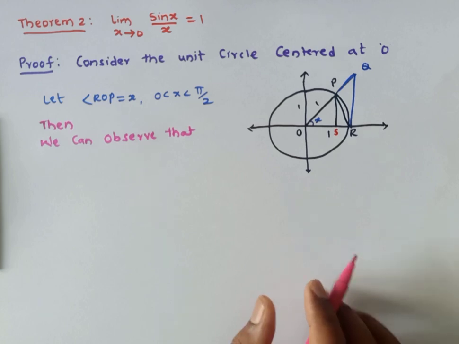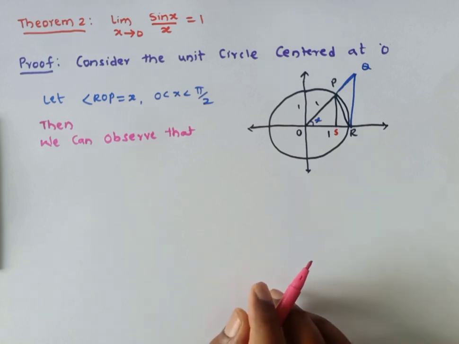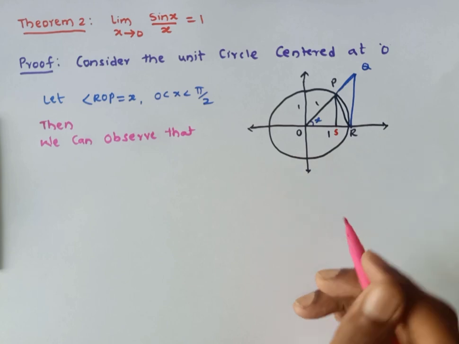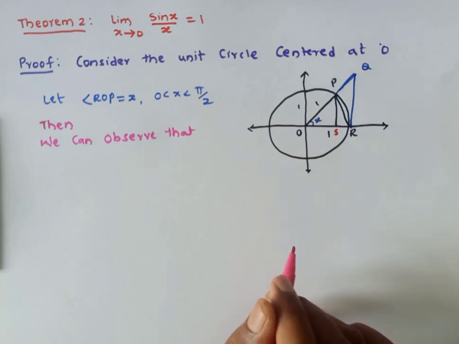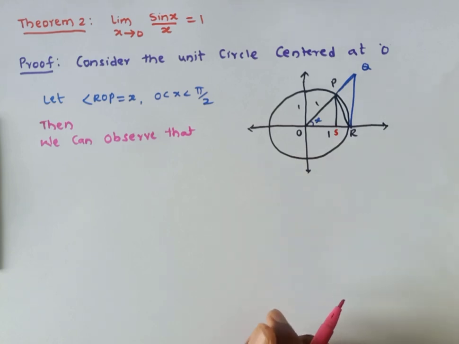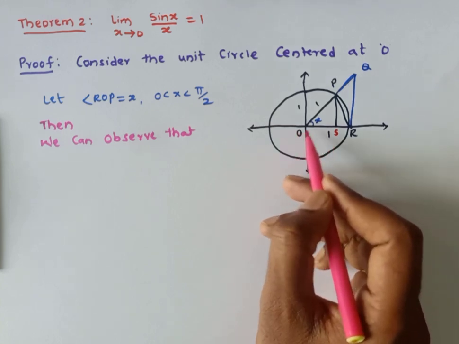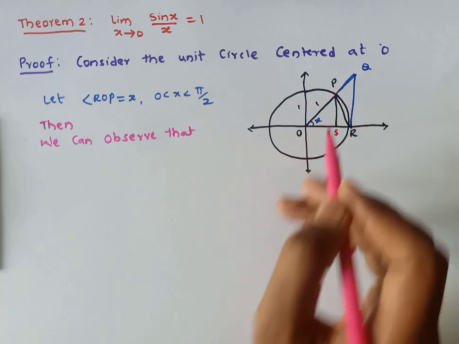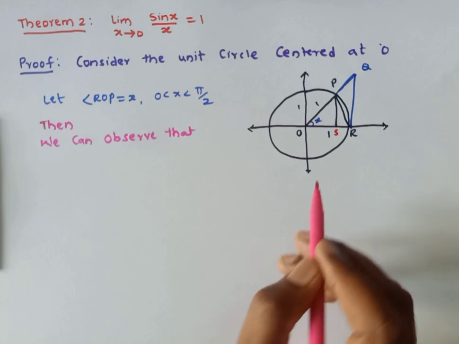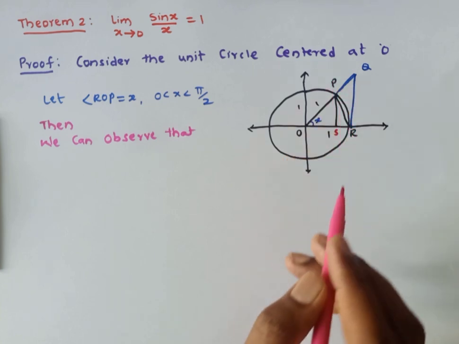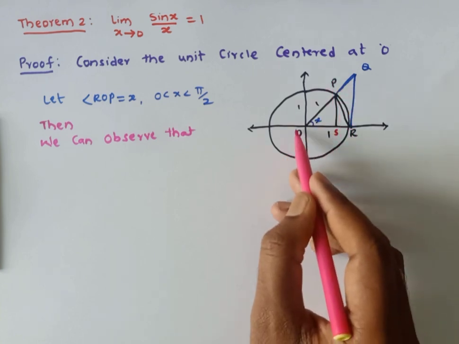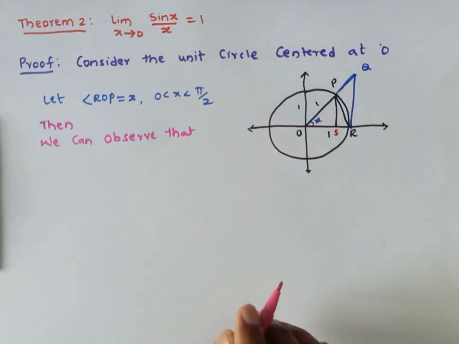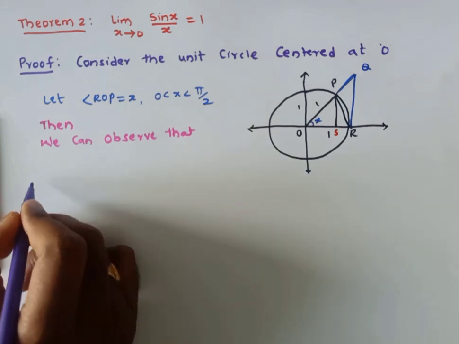You can imagine that we don't know the exact values of the areas of all these, but we can write a relation among these 3, right? See here, ROP triangle, ORP sector, and ORQ triangle.